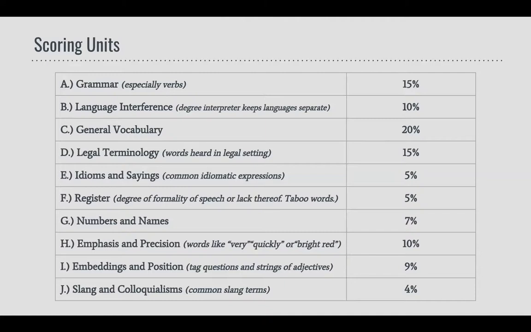So approximately 10% of the words are scoring units, and they're broken into all these different flavors of words, if you will, so that your raters can get a sense of whether or not you have the flexibility that you need as an interpreter to get all of the huge spectrum of words that we deal with on a daily basis.